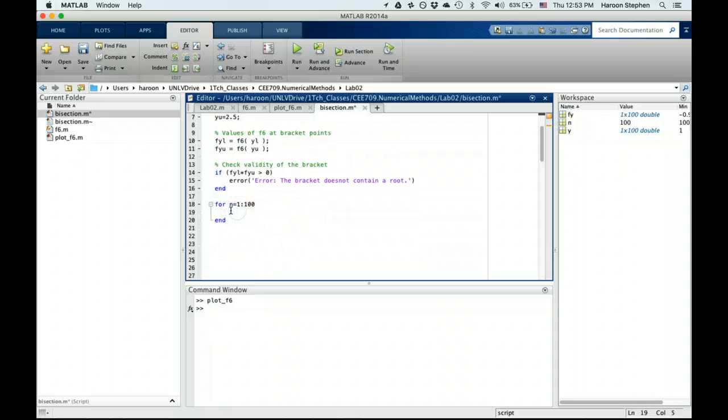The first step is to find the new estimate.